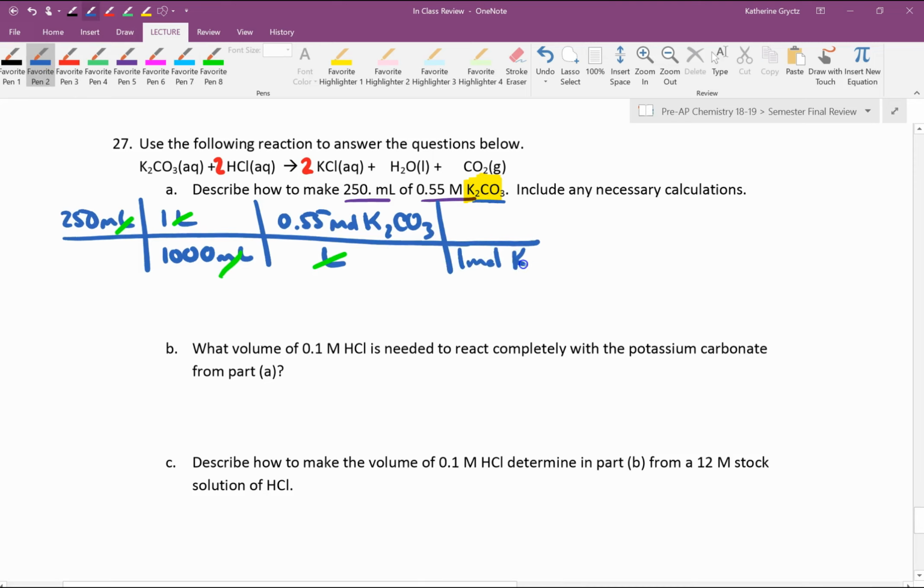And 1 mole of K2CO3, we're going to have to find the molar mass, which comes out, I believe, as 138.21 grams. Alright, so when you calculate this, it comes out to be 19 grams of K2CO3.